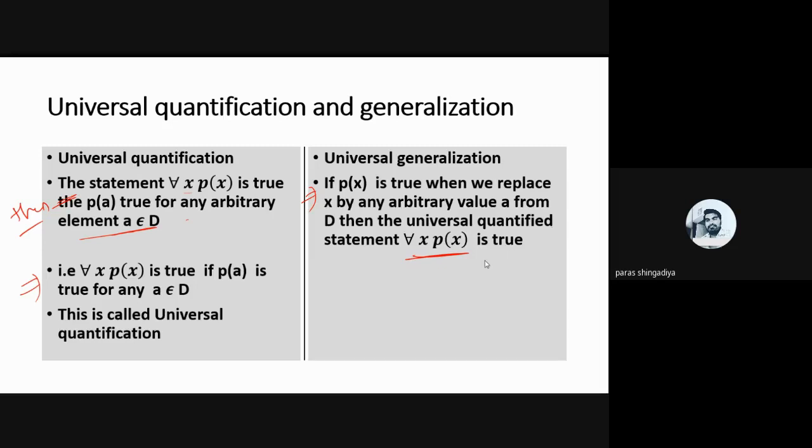Okay, so here is the meaning of universal quantification and generalization. In the quantification, we start with "for every x, P(x)" is true, and then we say that P(a) is true for any a belonging to D. And in generalization, we first consider P(x) is true, and then we replace x by any a belonging to D. If P(x) is true, then P(a) also will be true, and based on this result, we say "for every x, P(x)" is true.